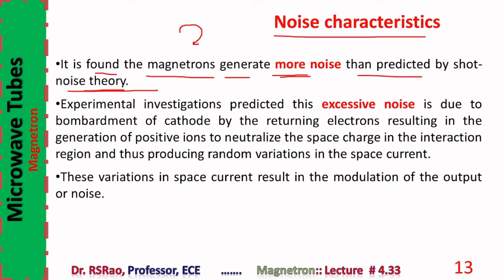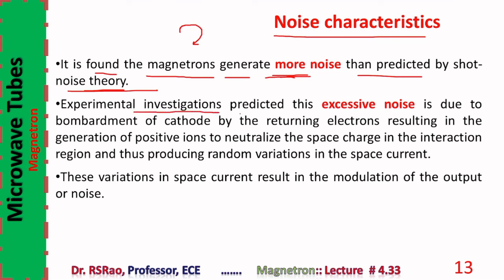Of course, some electrons hit the anode also, but those are less energetic when compared to the electrons which hit the cathode. Anyway, the device involves electron hits, and each electron hit naturally becomes a source of noise. Magnetrons generate more noise than predicted by theory.